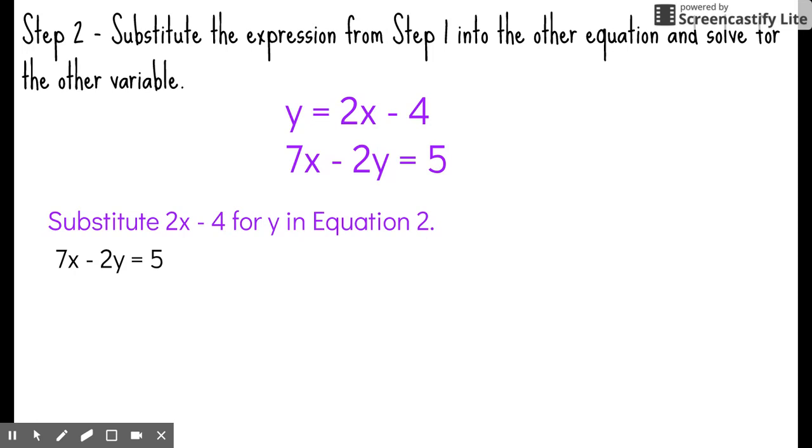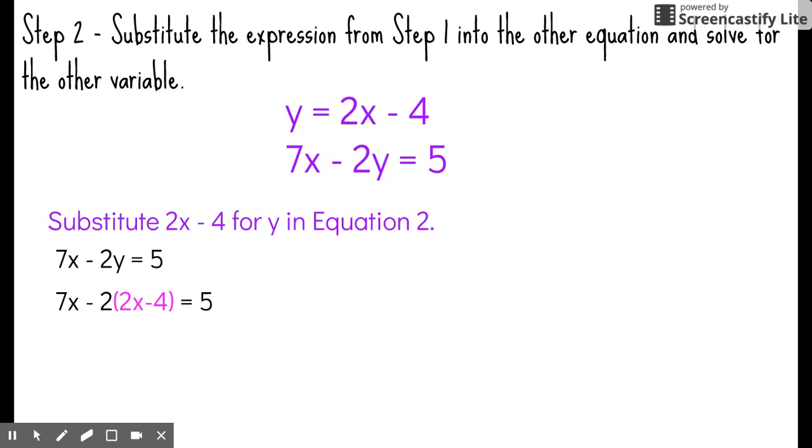So we would have 7x minus 2 times (2x minus 4) equals 5. Just like this. So you can see there in the pink, we took what y is equal to, 2x minus 4, and replaced it and inserted it where y was before.